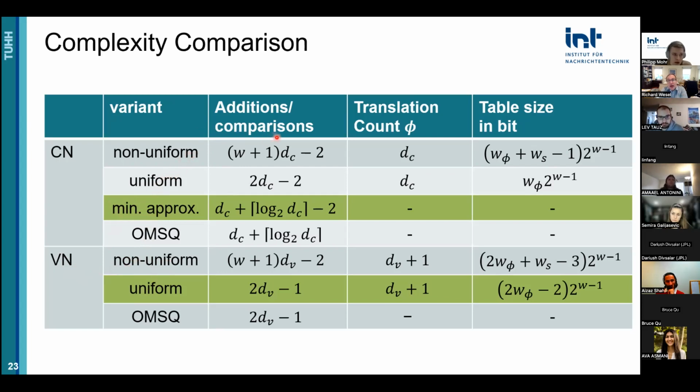If I wanted to use non-uniform, I'd basically be quantizing the messages that come out of the variable nodes non-uniformly and doing min-sum at the check nodes, but then have the check nodes quantize uniformly so that we get the lower complexity when I do the computations at the variable node.